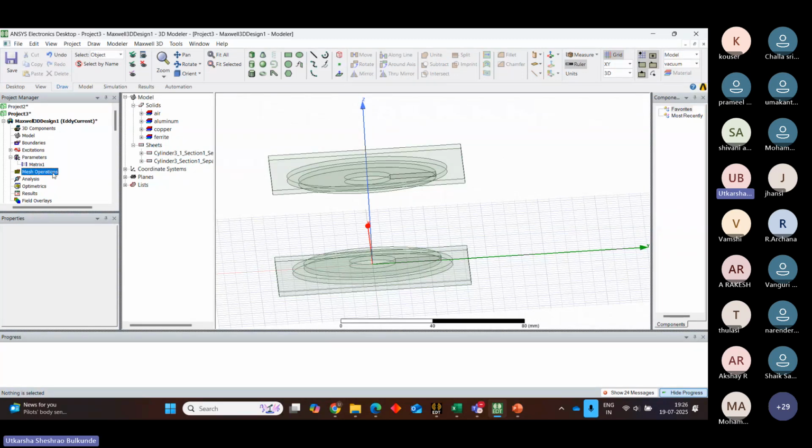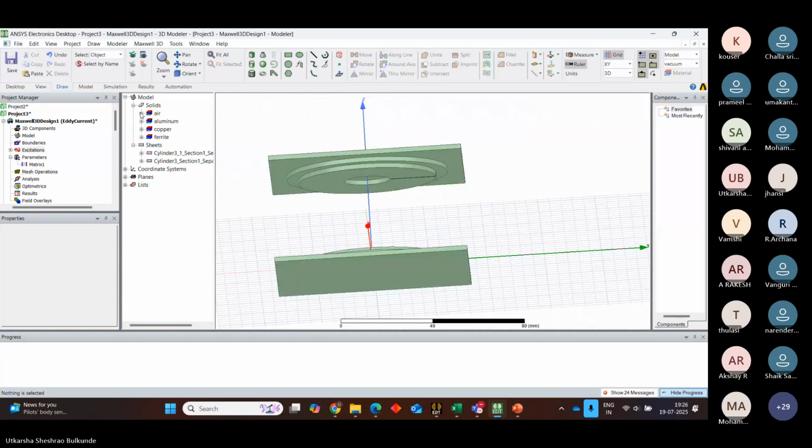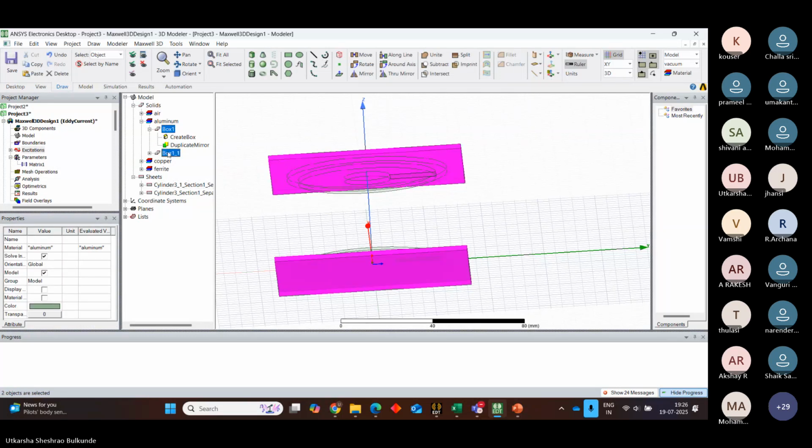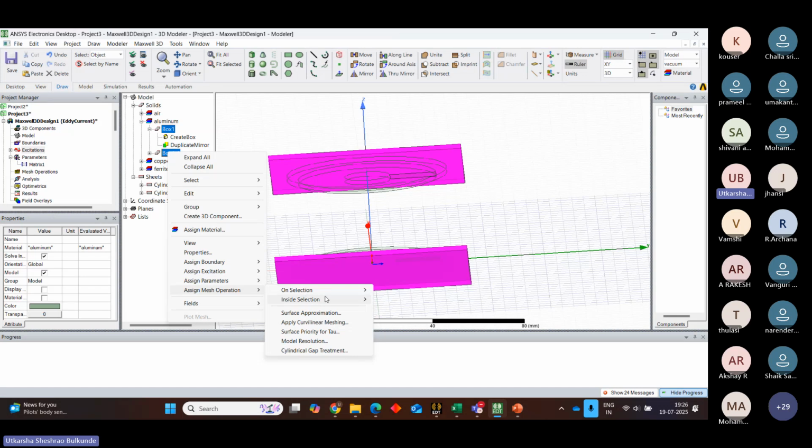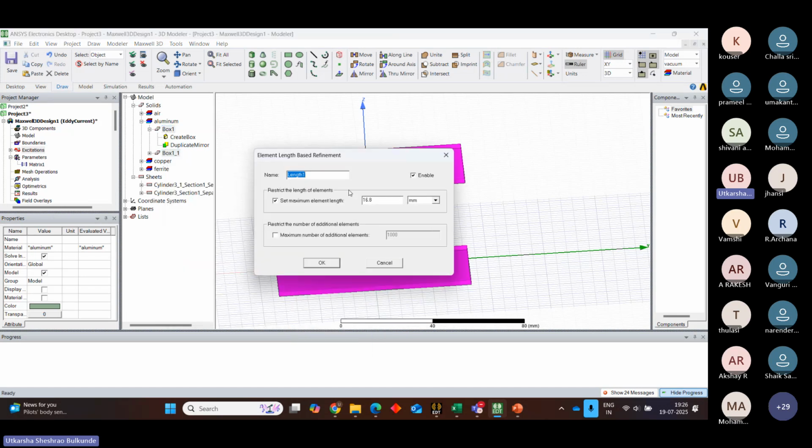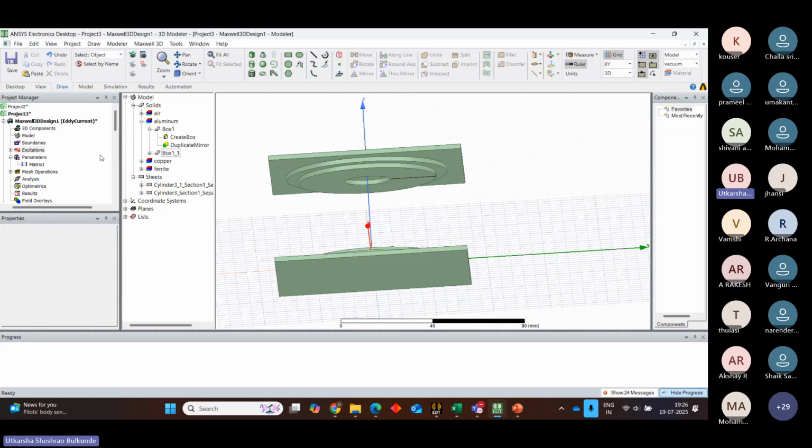Then mesh operation. Assign mesh operation, inside selection, length based. You can keep default also. That I told you. This is aluminum. Okay. Then copper.